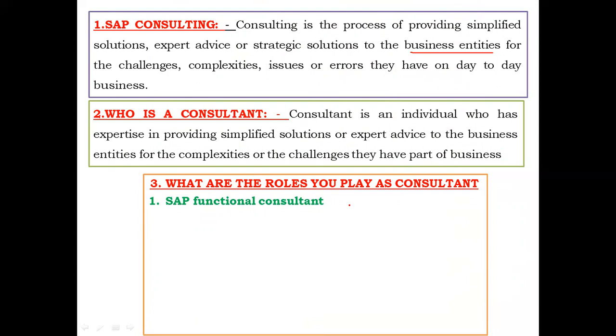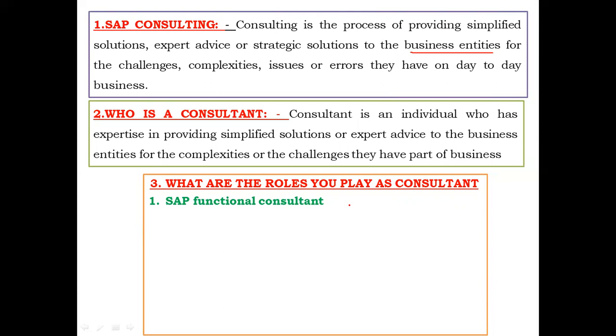If you are a functional consultant, it means the person who works only on the functional things, such as creation of material, creation of vendor and backend settings, creation of plant, purchase automation.